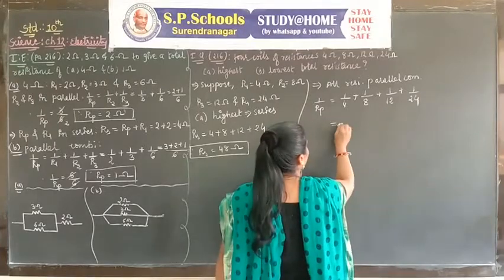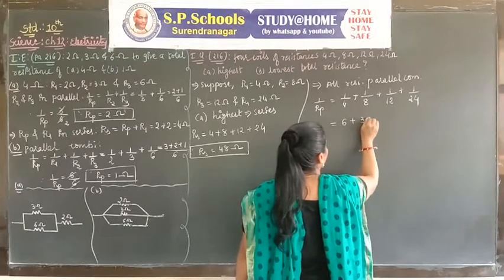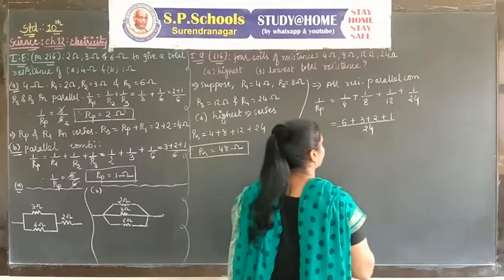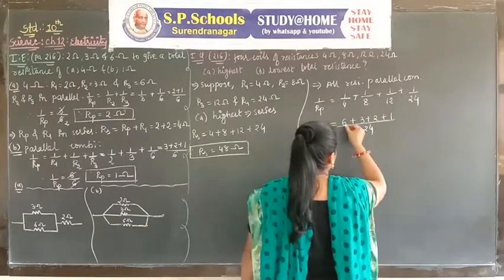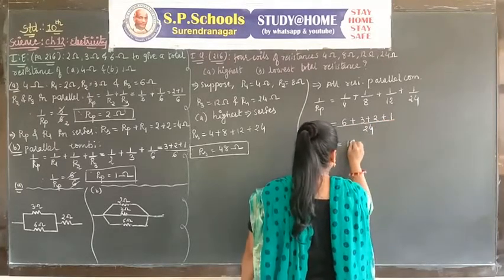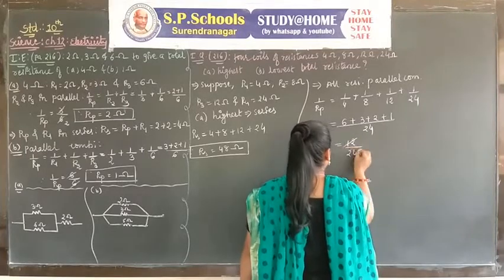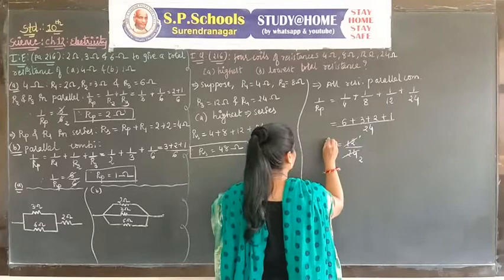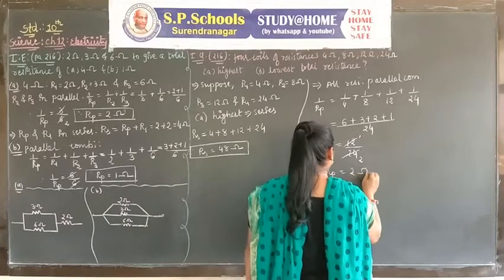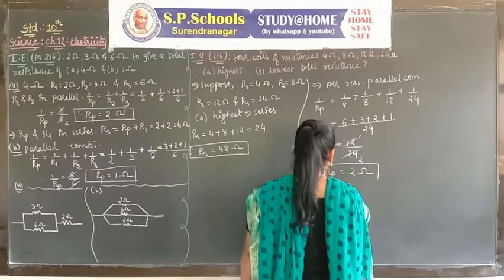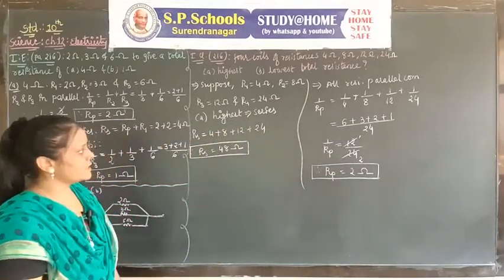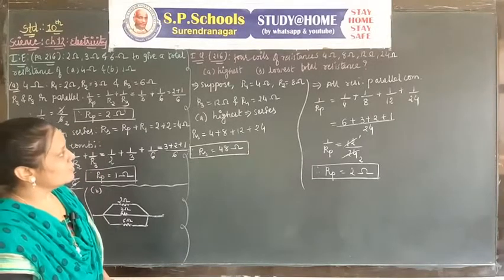When we calculate it, 6 plus 3 plus 2 plus 1 upon 24. When we sum them, 6 plus 3 plus 2 plus 1 is equal to 12 upon 24. 12 twos are 24, here 1. So Rp is equal to 2 ohm. Highest resistance will be 48 ohm and lowest resistance will be 2 ohm.